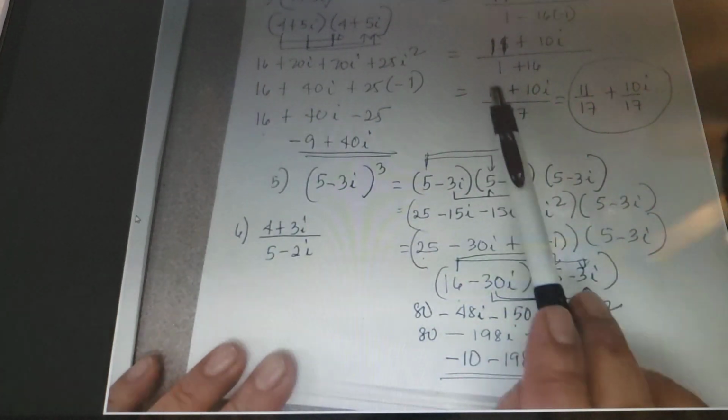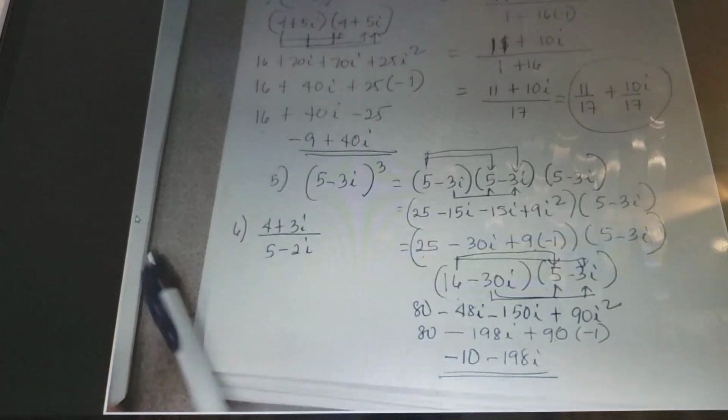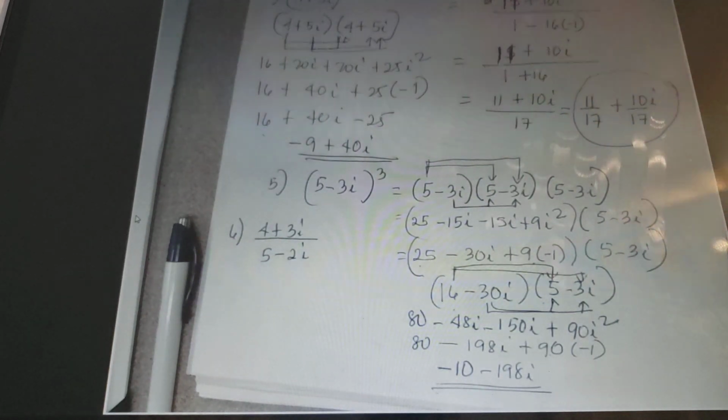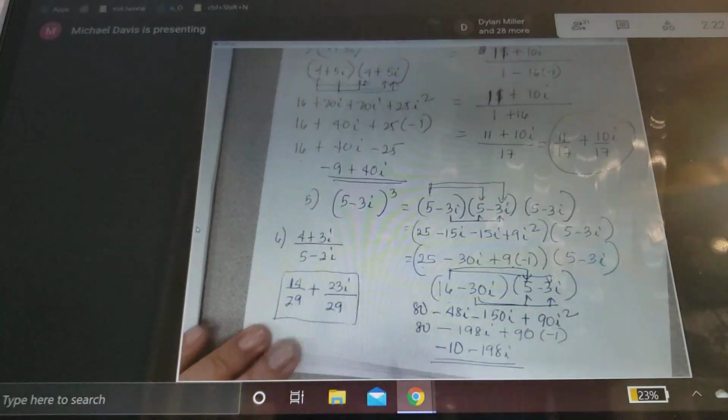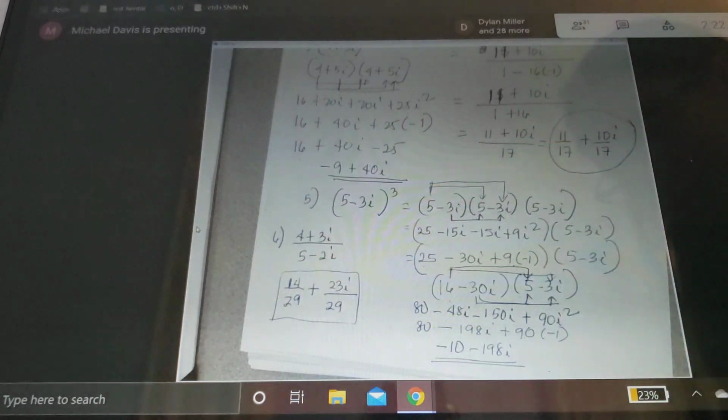So 11 over 17 and then 10i over 17. That's the answer to that.